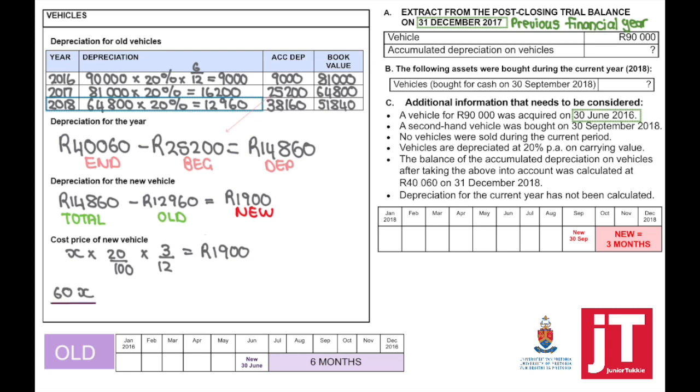So to get x alone, we're going to take 60x divided by 1,200 equals 1,900. So to get x, we're going to take 2,280,000 divided by 60. The cost of the new vehicle was 38,000.